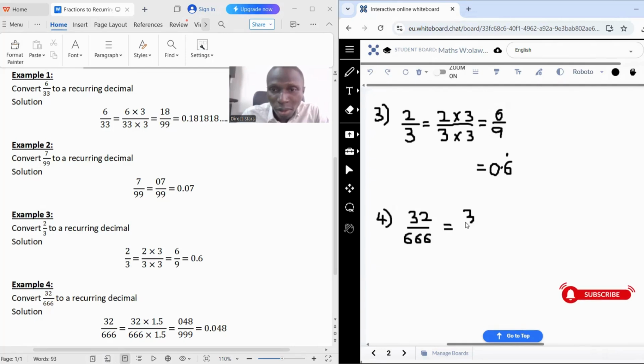That's 32 multiplied by 1.5. We're also going to use the same 1.5 to multiply 666. Now, 32 times 1.5, we're going to have this to be 48.